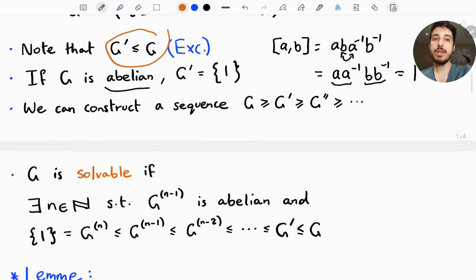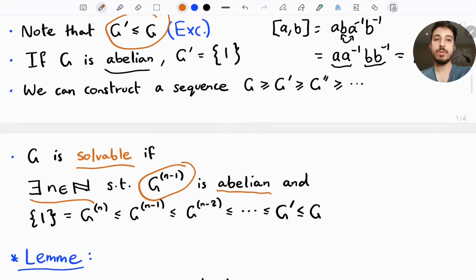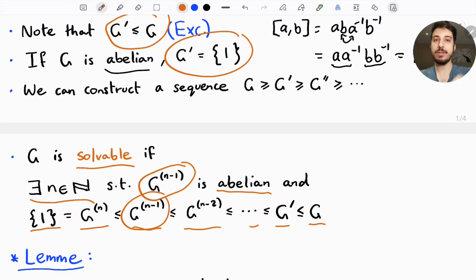Well, we call G a solvable group if there exists a finite number n such that the n minus first iteration of taking the commutator subgroup of G is abelian, and we have the sequence that starts with G, and then G prime, G double prime, G triple prime, all the way to G n minus 2, G n minus 1, and because this is abelian, the commutator subgroup of G n minus 1, which is G n, is just the identity element.